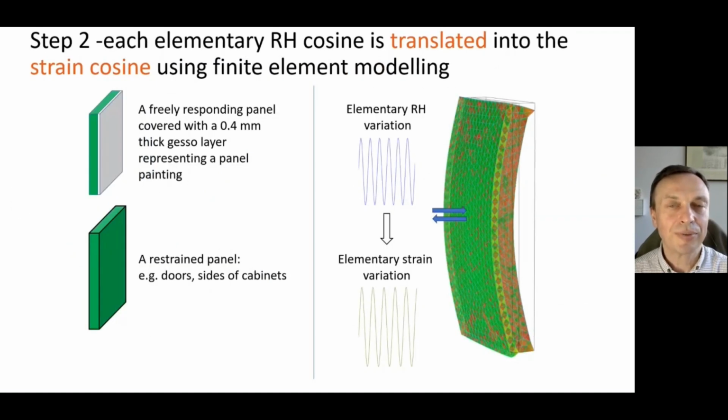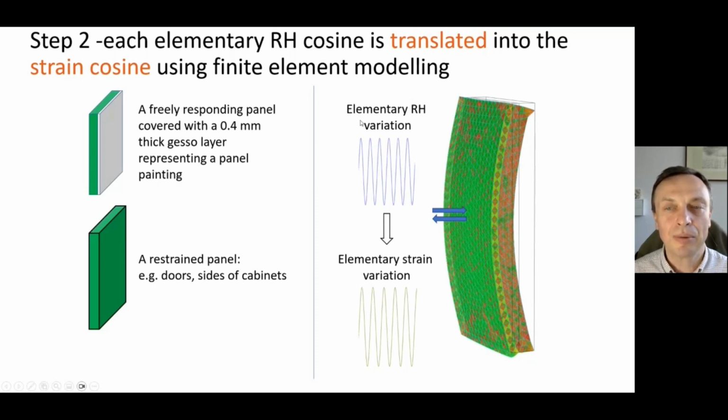Then relative humidity variations are translated to strain cosines using finite element modeling, and we perform this modeling for two types of objects. One is a freely responding panel covered with a gesso layer, and the second is a restrained wooden panel, for example doors, sides of cabinets, etc. And here you can see how it looks.